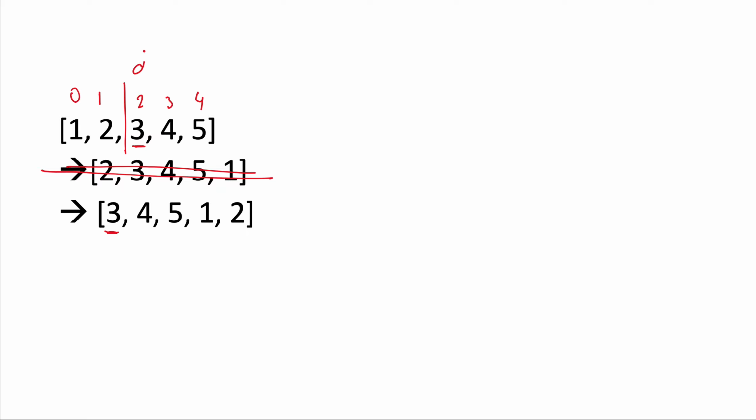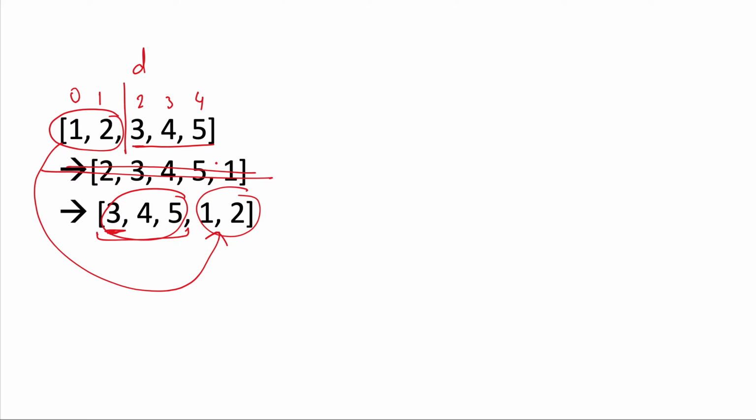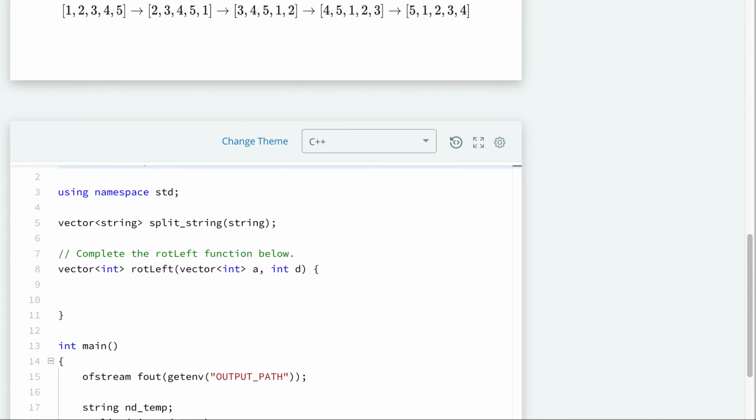So whatever is at d comes first, and the rest till the end remains the same because everything has shifted by d steps. Everything to the left of this is moved here. So there are two parts in the array, one from 0 to d minus 1 and the second from d to n minus 1. The second part becomes the first part and the first part becomes the second part. This is what we will do in the code.